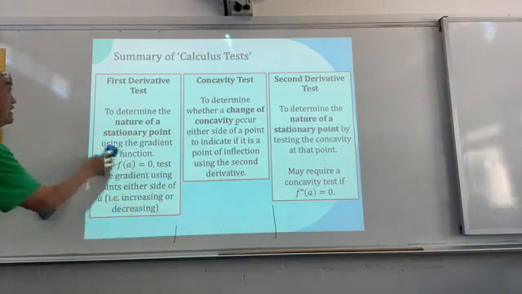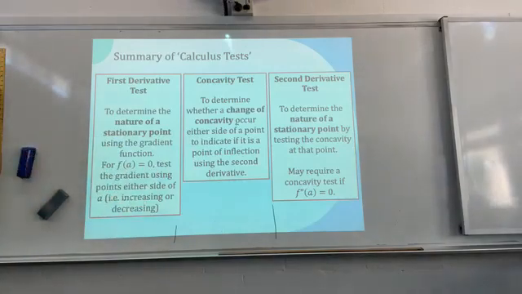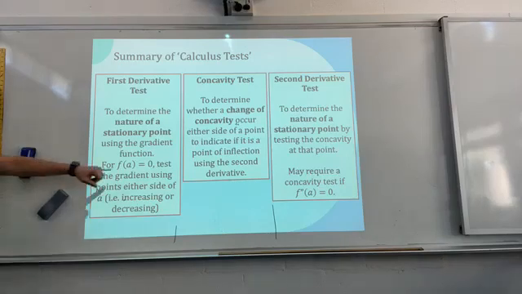Now, this is just a summary of the three calculus tests: the first derivative test, the concavity test, and the second derivative test. The first derivative test is just a sign test. You find the nature of a stationary point, so you can find what a is, and then you use points either side of a to see whether it's increasing or decreasing.